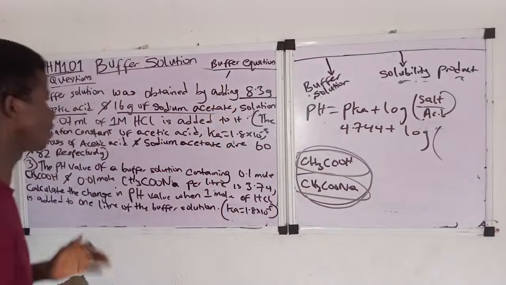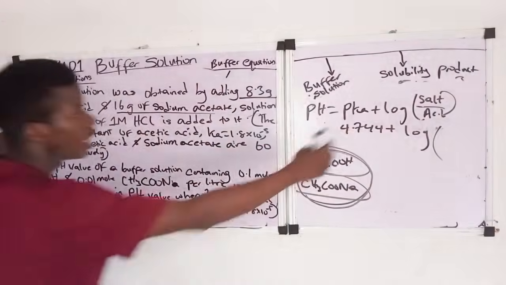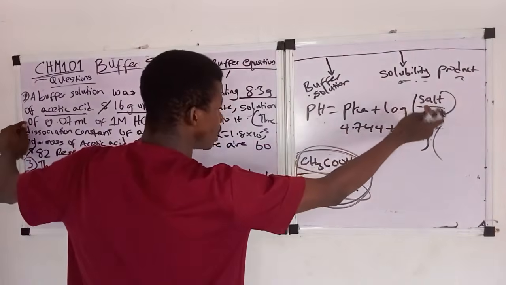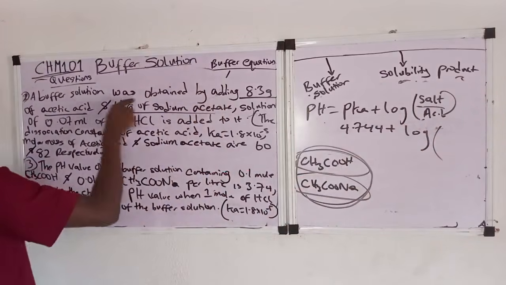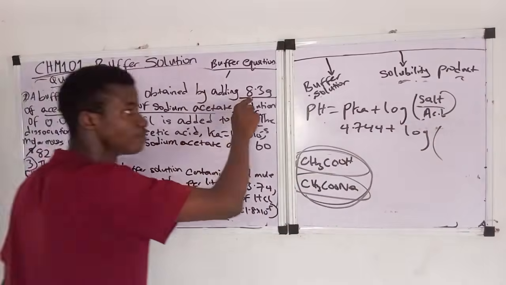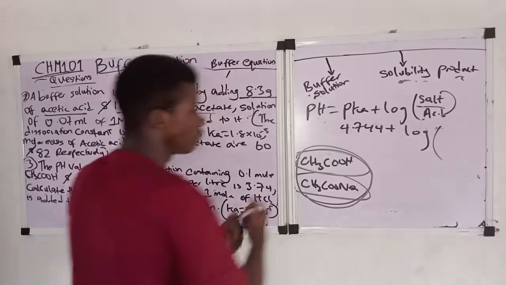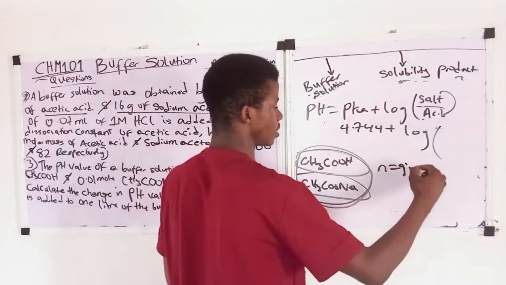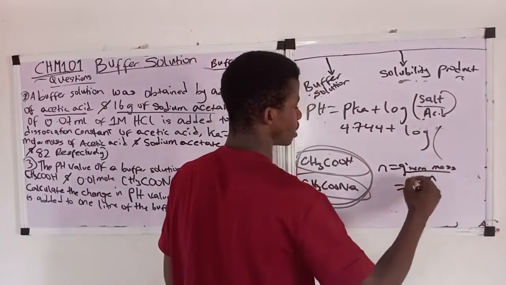Now if you look at this question very well, let's go for the mole of the acid and the mole of the salt first. A buffer solution was obtained by adding 8.3 gram of acetic acid. Remember, number of mole is equal to given mass over molar mass.